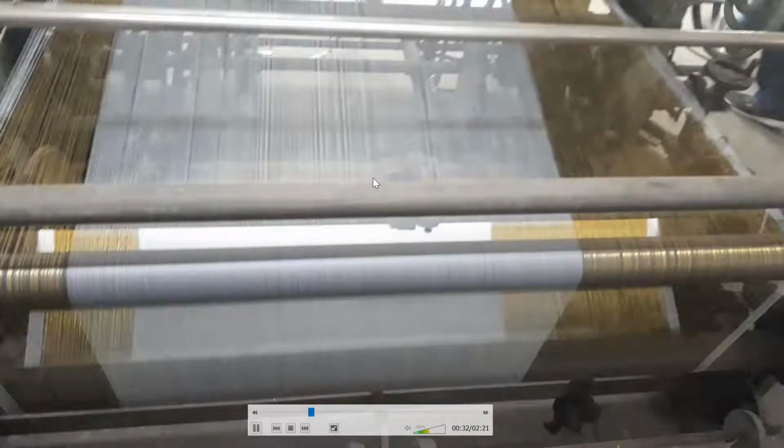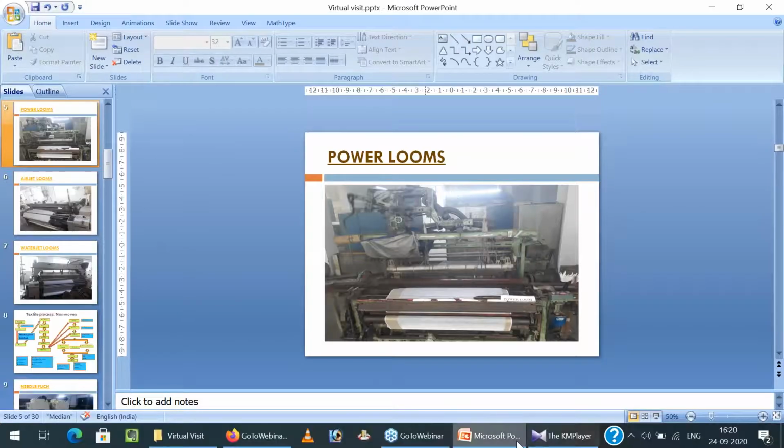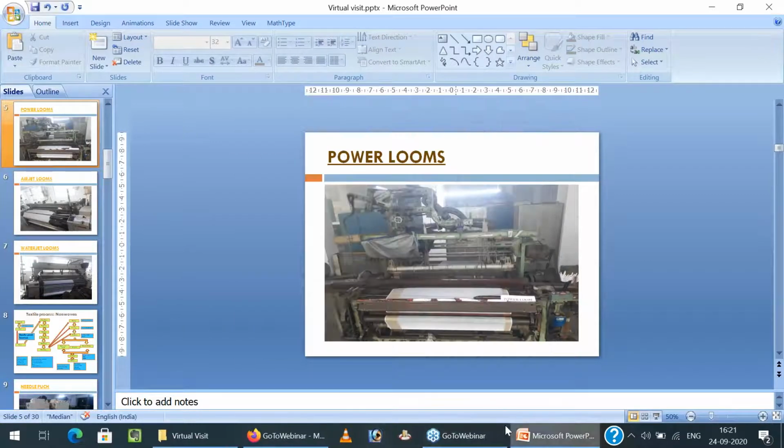Also here is the beam from where the yarns are going. There may be some internet problem. Yes, but run it normally and look. Just see.